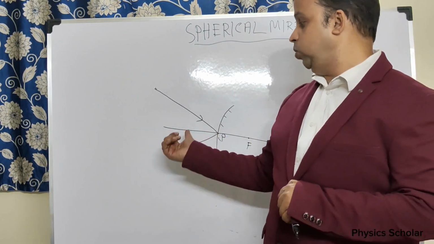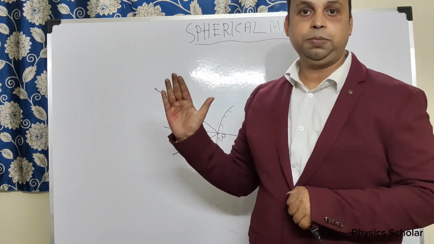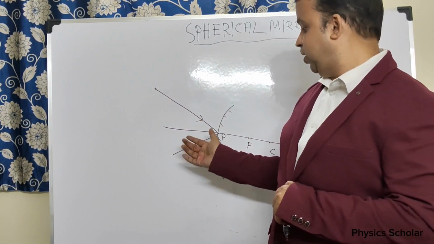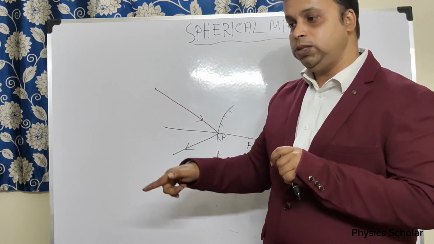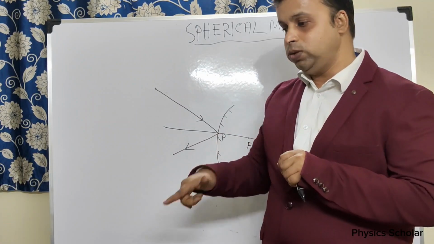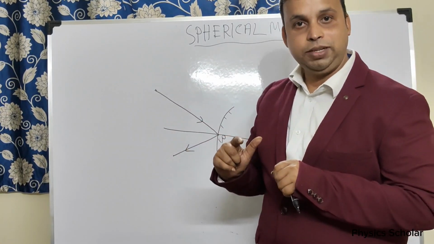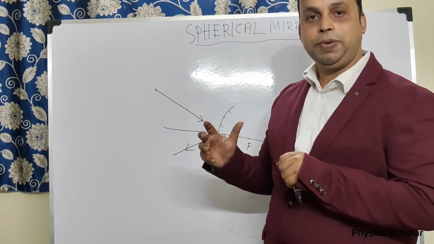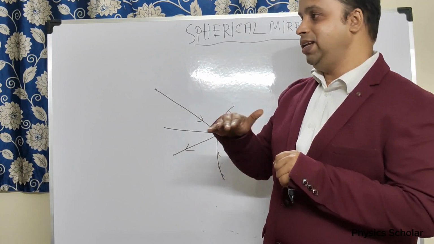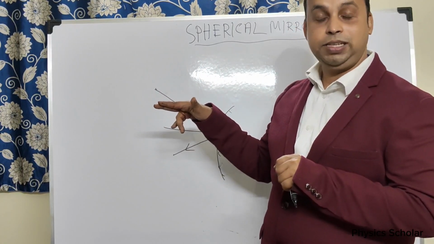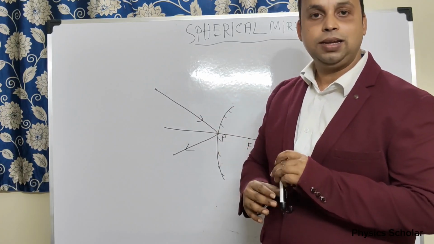You will be asked the question, complete the ray diagram, okay, of the spherical mirror. So you have to understand whether it is parallel to the principal axis, or it is passing through the principal focus, or it is passing through the center of curvature. If it is passing through the center of curvature, then it will be reflected along the same path. And if it is passing through the principal focus, then it will be reflected parallel to the principal axis.